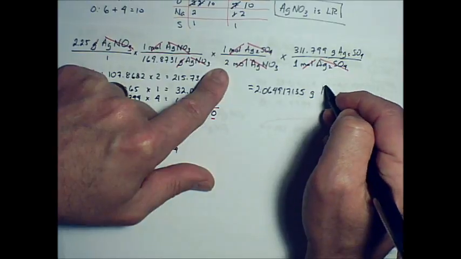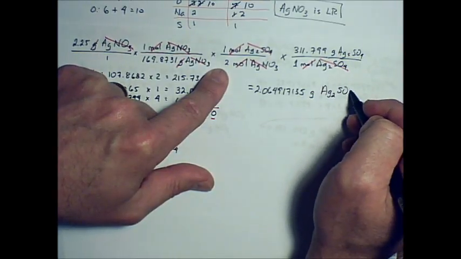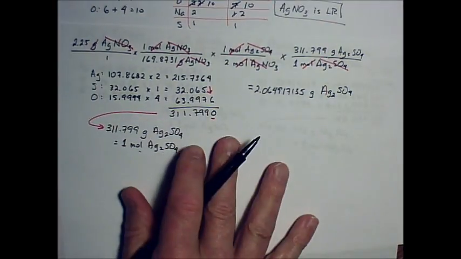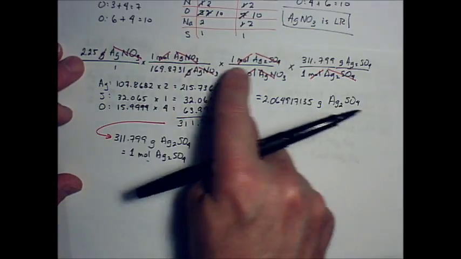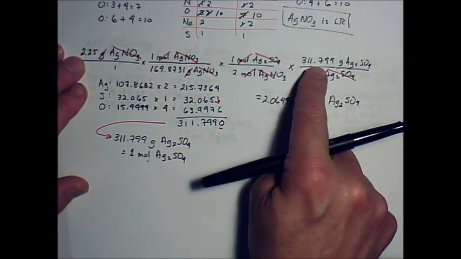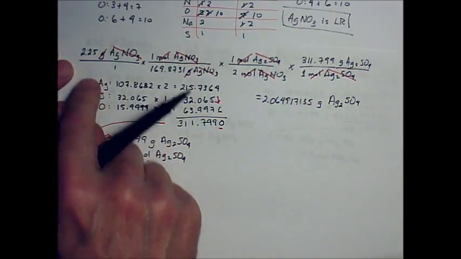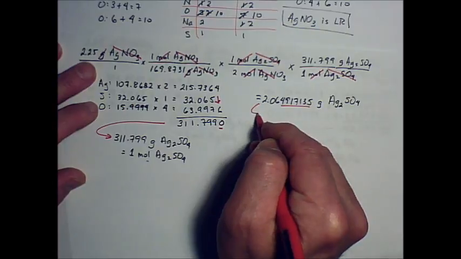We have the species Ag2SO4. We need to round off. This number, and this number are all the measured or calculated numbers. That's the one we use for figuring out significant digits. This has the least digits. I want my final answer to have that same number of digits.